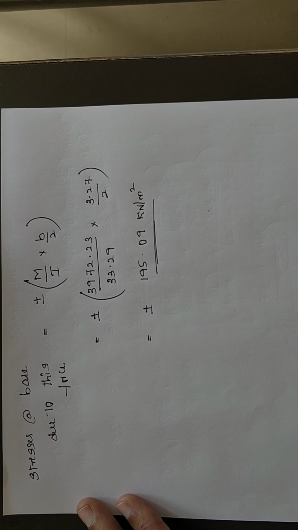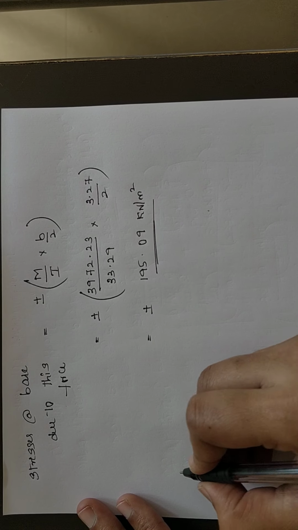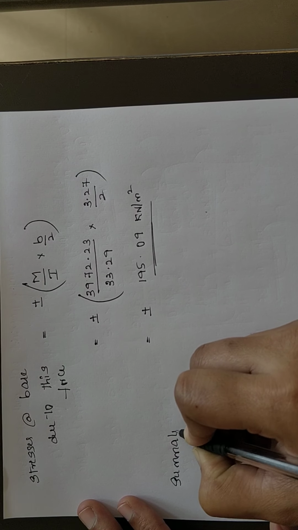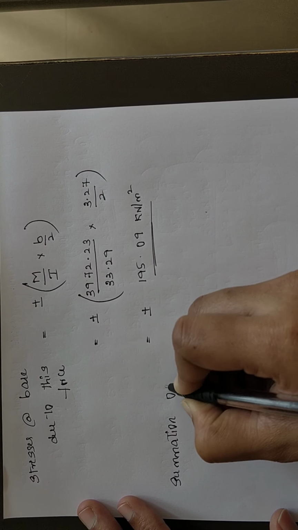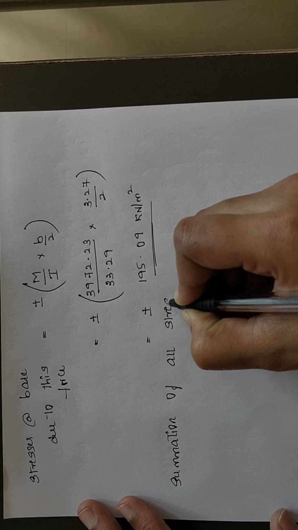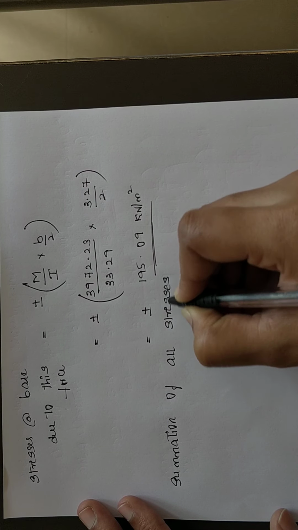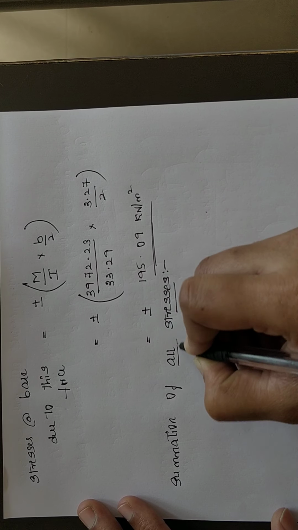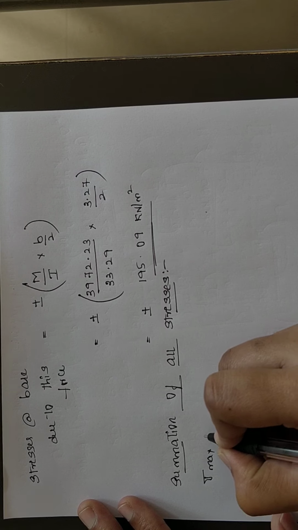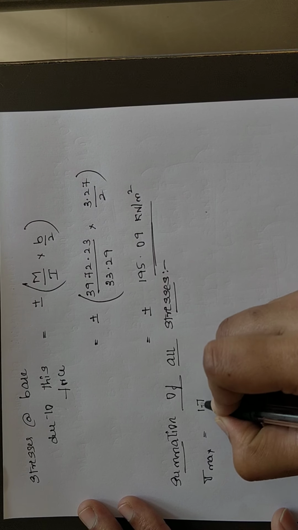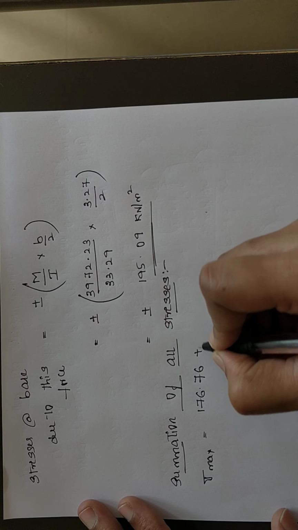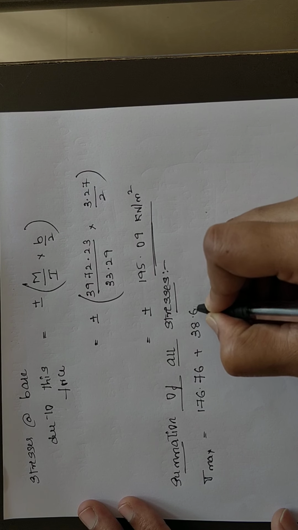Once you calculate all the stresses, calculate the summation of all the stresses. Sigma max equals 176.76, the stress due to dead load and live load.